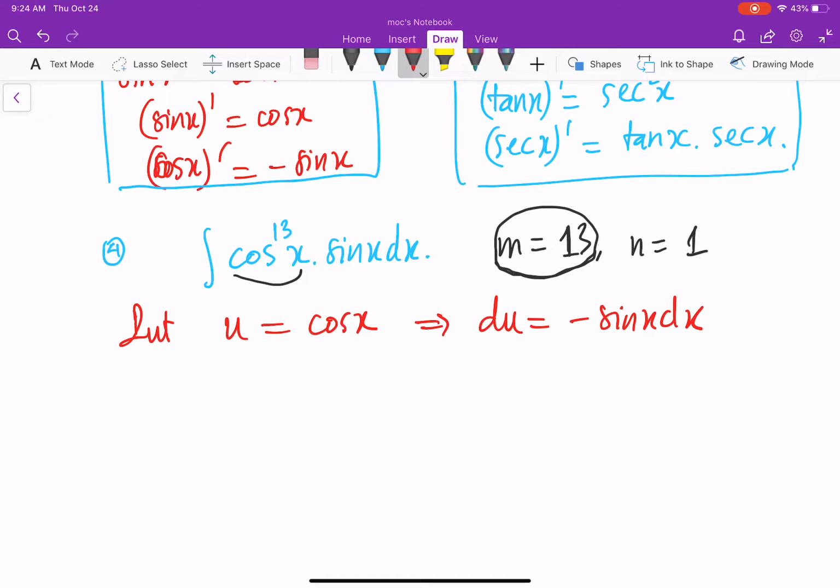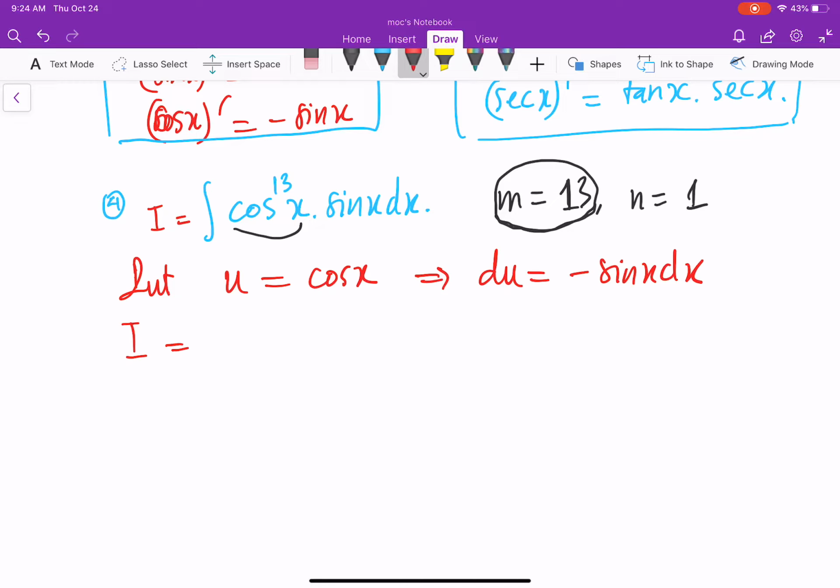Let's say our integral is I. So I is equal to the integral of u to the 13, and sine x dx is right here, that is just negative du. So basically that is negative u to the 13 du.